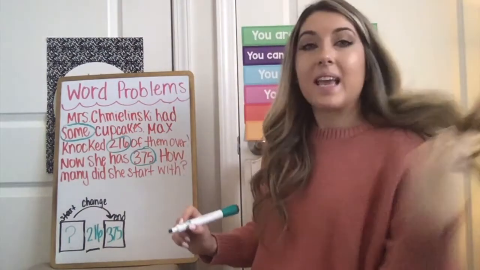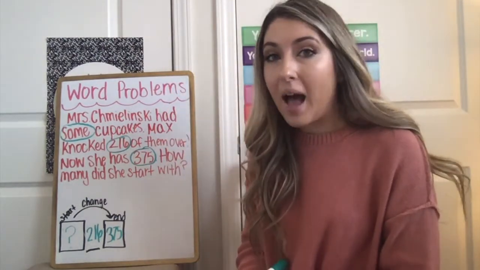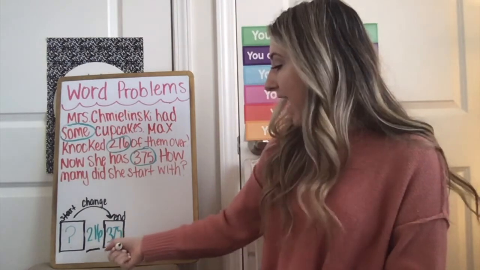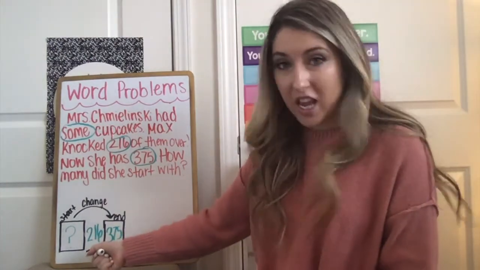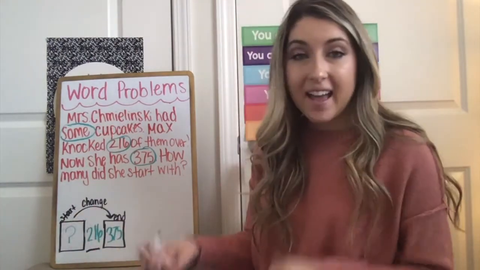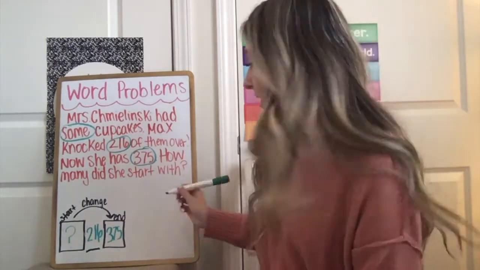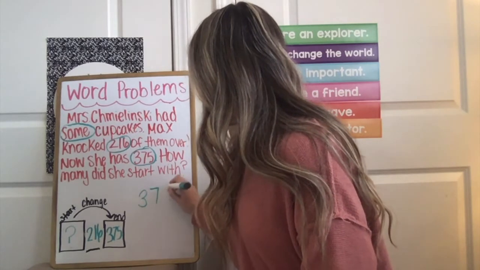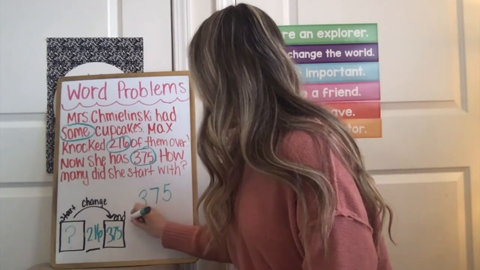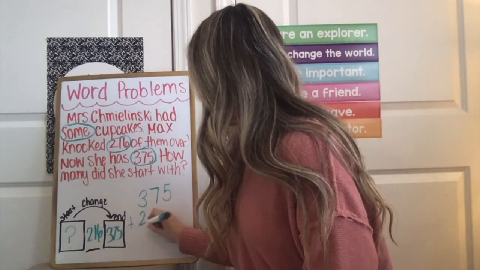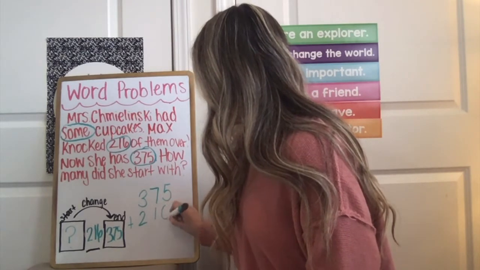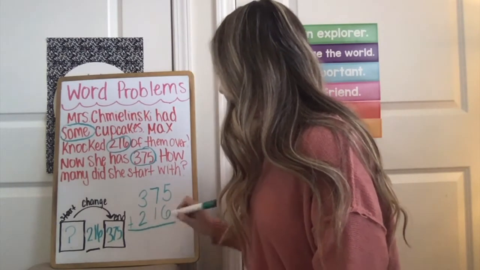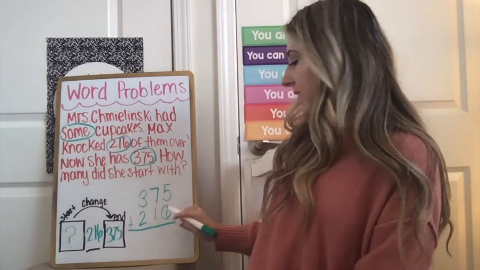So I'm going to do the same thing like I did in my last problem. I'm going to add together what I ended with and my change, and I should get how many cupcakes she started with. So I'm going to line up 375 plus 216. Okay, so I'm going to put 6 on top.